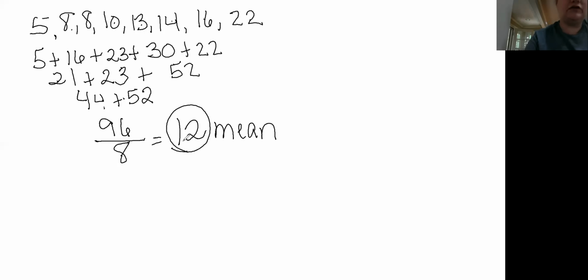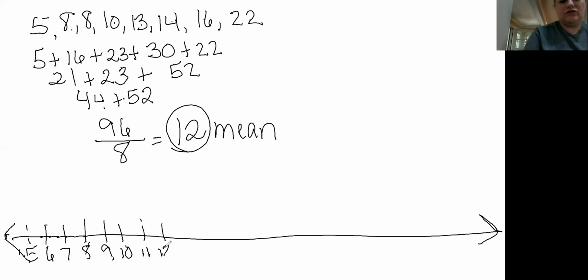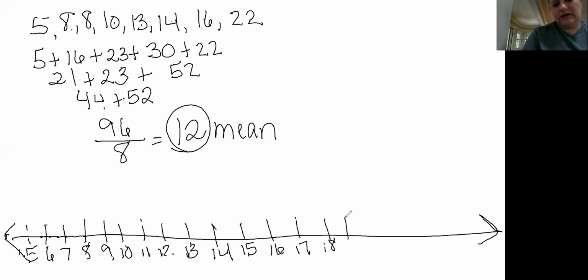So now we're going to show these on a dot plot. And we have numbers from 5, 6, 7, 8, 9, 10, 11, 12, 13, 14, 15, 16, 17, 18, 19, 20, 21, 22.